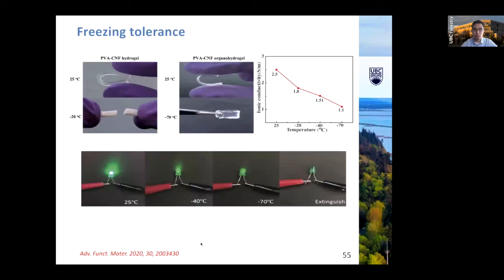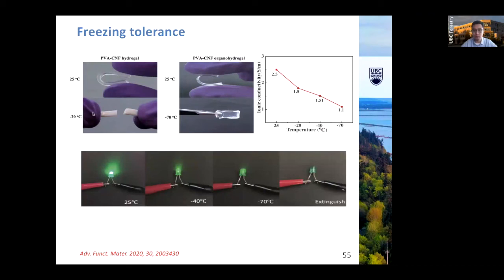The goal for this one is to prepare anti-freezing material. We mentioned we use the DMSO and water binary system. For this organohydrogel, it still showed very good flexibility at negative 70 degrees Celsius. But for this hydrogel, it broke at negative 20 degrees Celsius. So this is very useful.